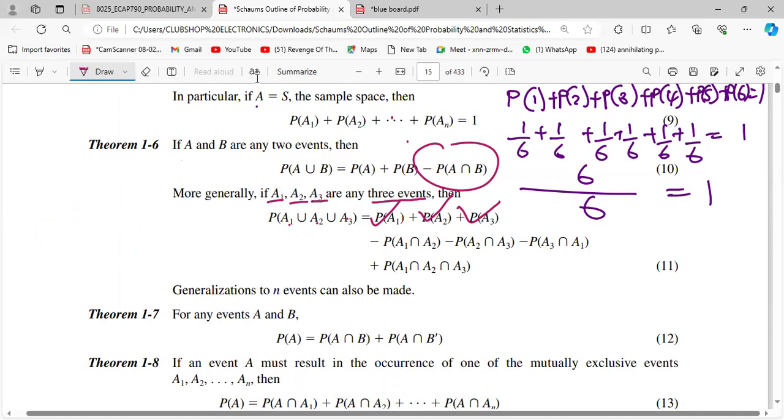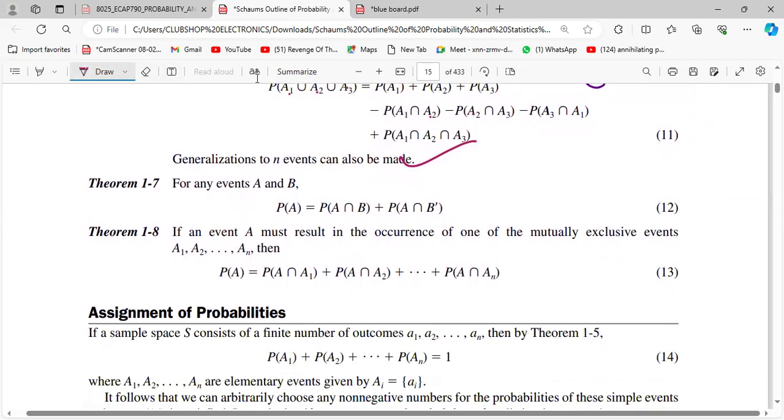There will be 3 pairs: minus A1 A2, minus A2 A3, minus A3 A1. Then we add the intersection of all. You must take note of that. Then they are saying generalizations to any event. Can you do this for other events?